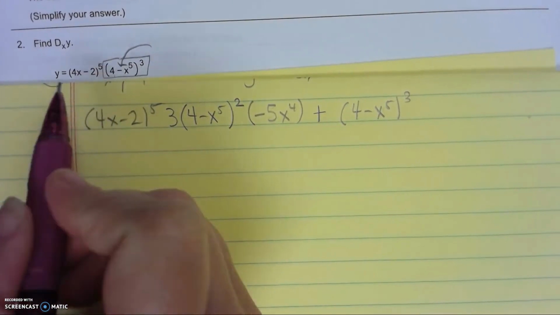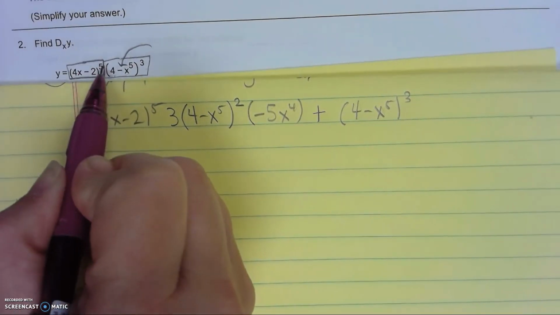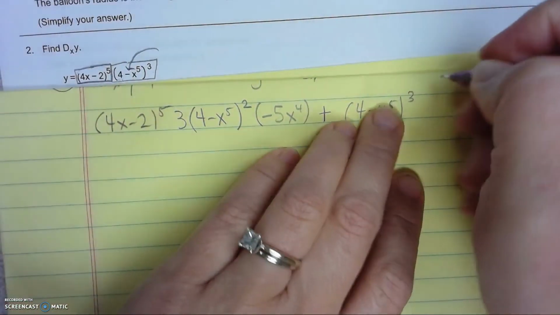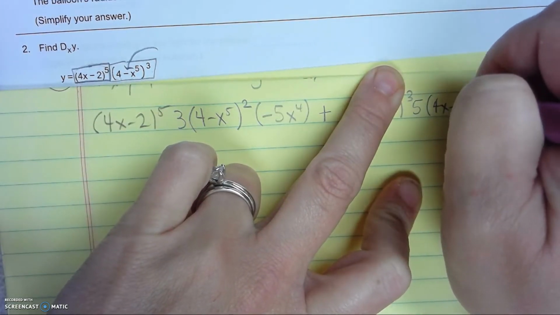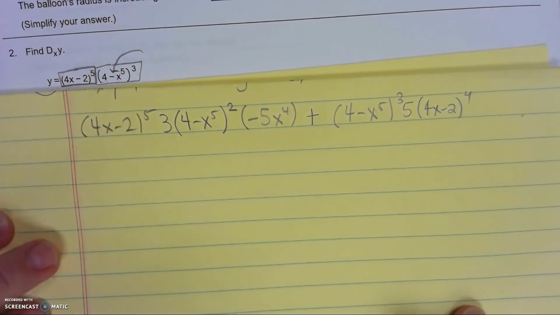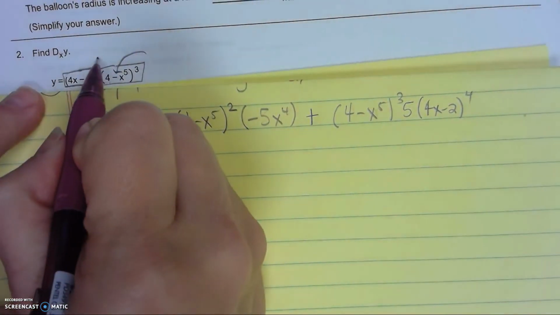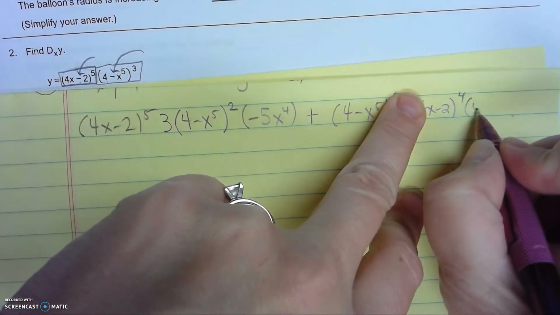So we'll first take the derivative of the overall part. So we'll bring down the 5 times 4x minus 2 to the 4th power, so kind of applying the power rule, times the derivative of the baby, or what's inside, and that will be 4.